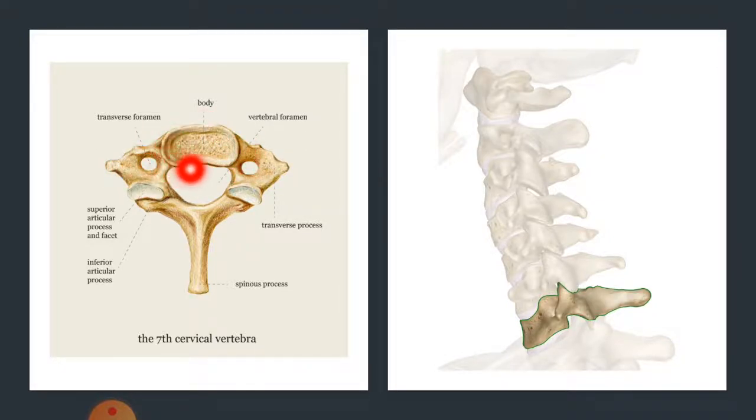It has a body, transverse processes, and transverse foramen for the passage of vertebral arteries. It has a distinct feature, a very long spinous process, and you can feel this prominence at the back of your neck at this level.